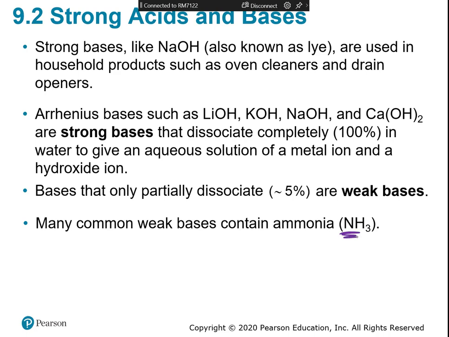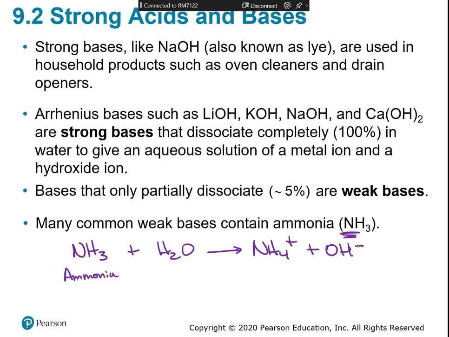One that is a weak base, it's really strong smelling, but it is a weak base, is ammonia. So NH3. So if I start off with NH3, if I add water to it, that NH3 acts as a proton acceptor and forms the hydroxide ions.